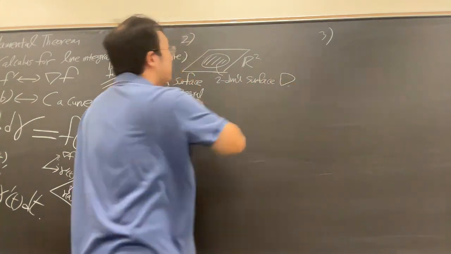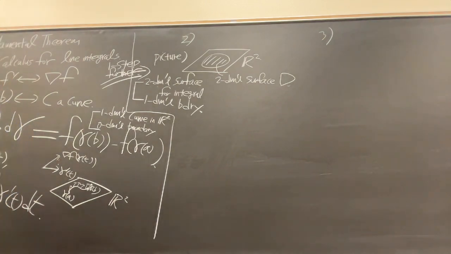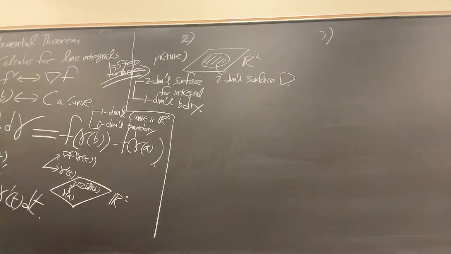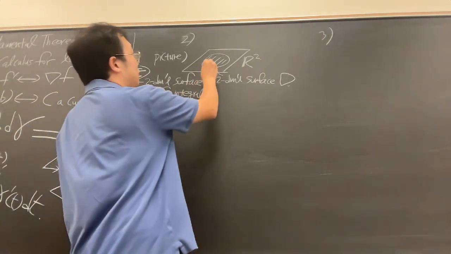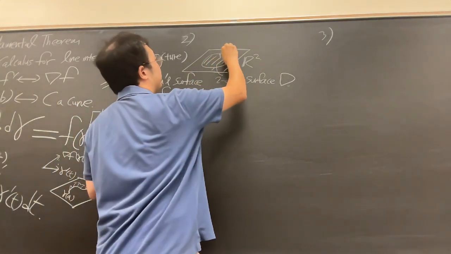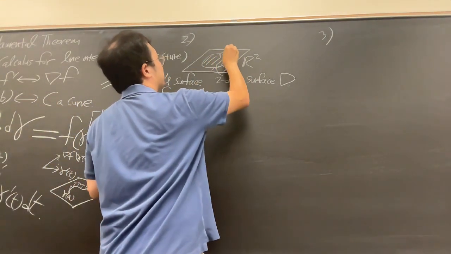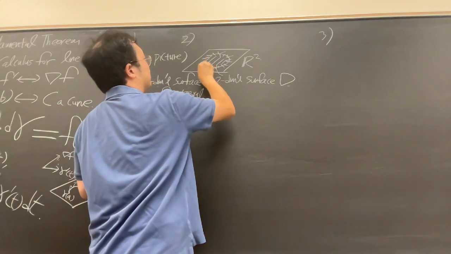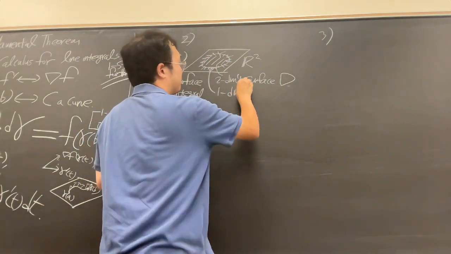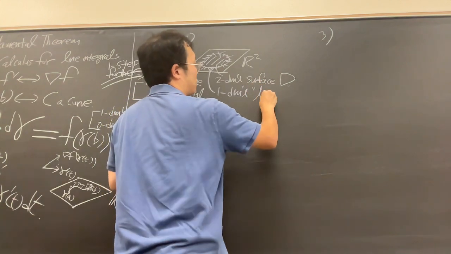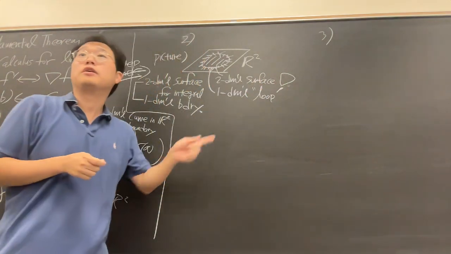Let me call it D. Then where is the boundary? The boundary. We cannot have a good color chalk any longer. It's this guy, the one-dimensional boundary, which is a loop that we looked at yesterday.